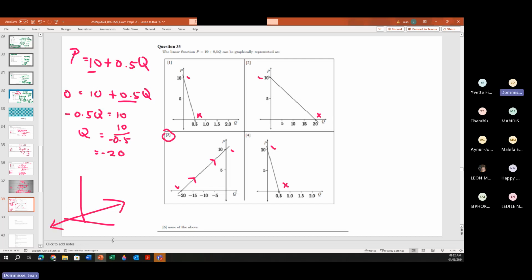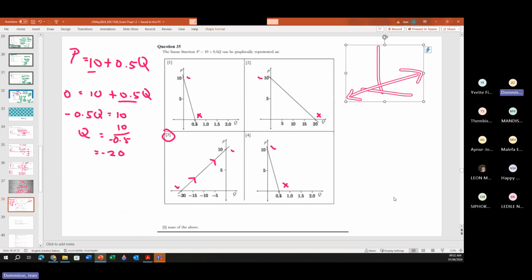You could have from the start nearly said, because the slope needs to be positive, it can only be 3. That is perfect. Yeah, that's 100%, so that's actually the easiest way to say it. Okay, the slope is positive, it needs to be option 3, because 1, 2, and 4 are negative. Perfect. Love it.